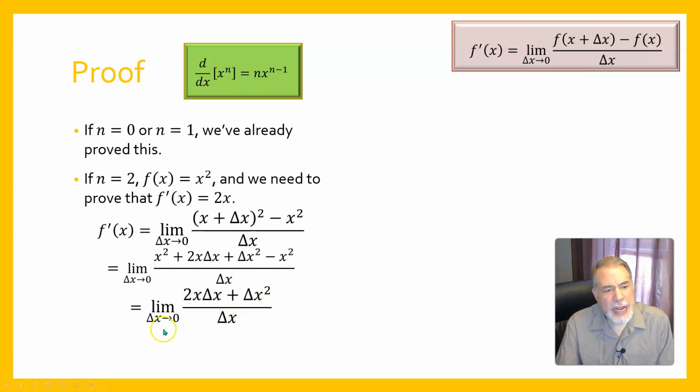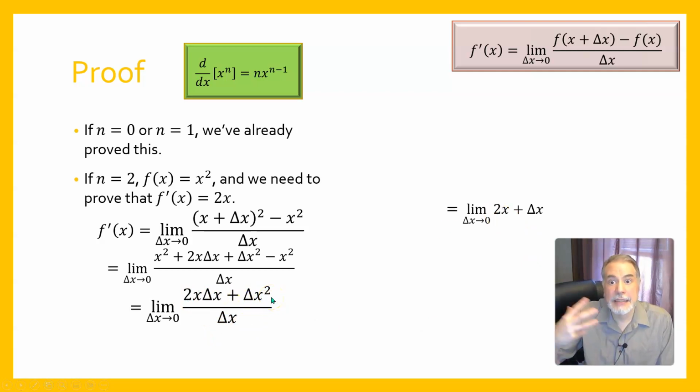Now, if we just went ahead and let delta x go to 0 now, we would have a numerator and a denominator that were both approaching 0. But we're not quite ready to let delta x go to 0. Instead, we're going to just take everything on top and divide through by the delta x on the bottom. So 2x delta x divided by delta x is 2x, plus delta x squared, which of course means delta x times delta x.